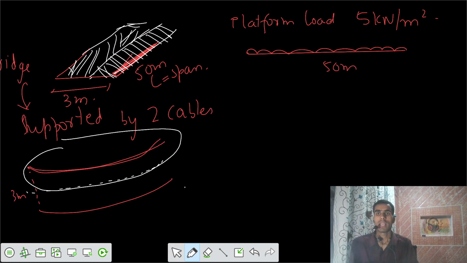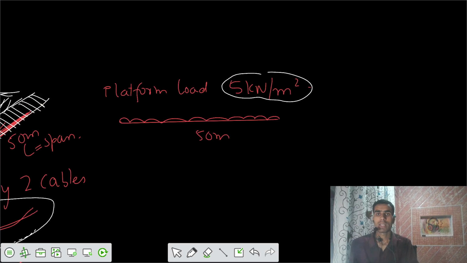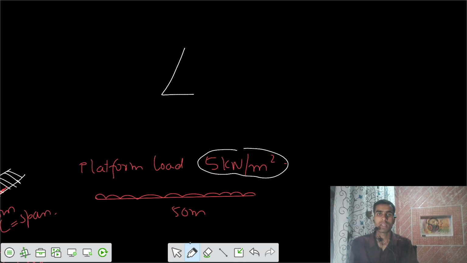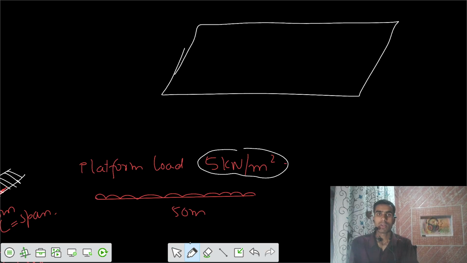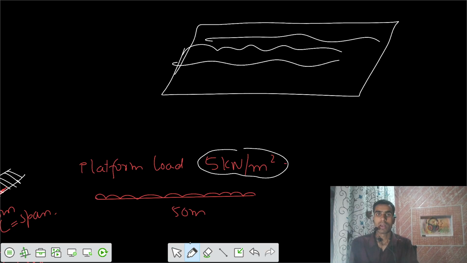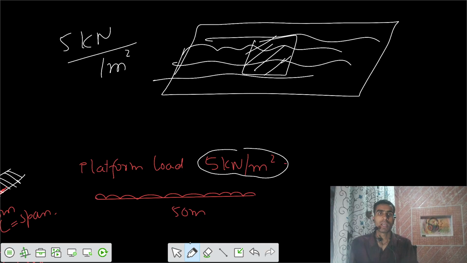If there is 5 kilonewton per meter square, and I want to calculate the intensity, it is like this: if you take one unit area, 1 meter square, on that we have a total load of 5 kilonewton.